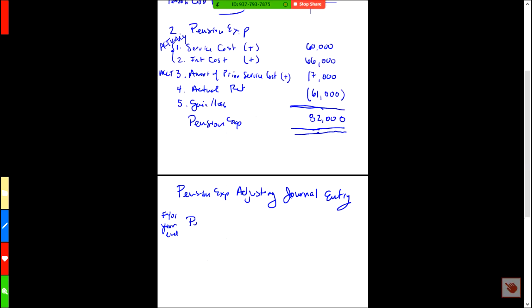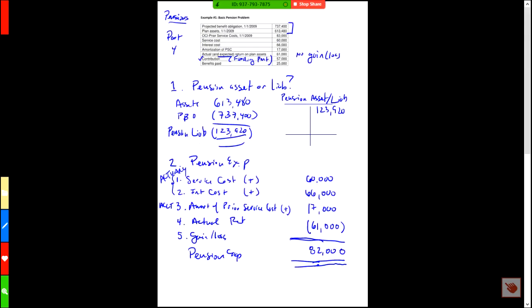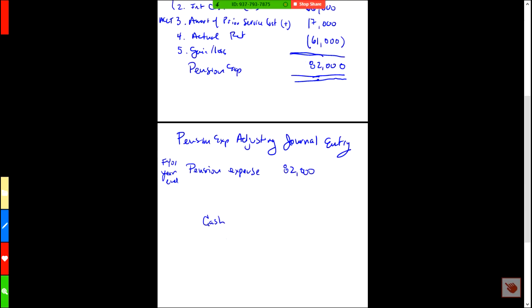So we'll have pension expense, which we just calculated, 82,000. We're going to have our funding payment, the cash payment. I'm going to put that down here so we have room for debits and credits. Remember, debits go first. What was our funding payment, or contribution, same thing, 57,000.